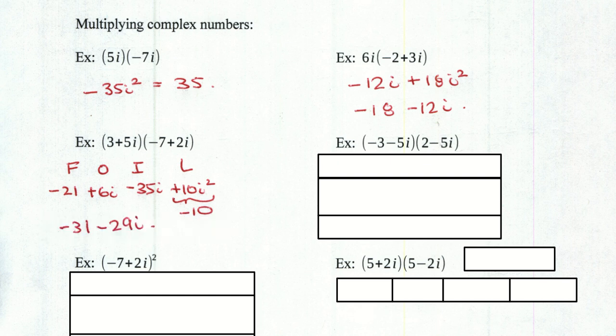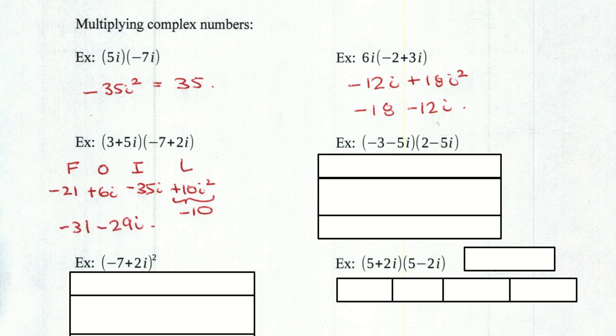And of course, we're going to combine the imaginary parts as well. We've got 6 i's and negative 35 i's. Looks like the negative is going to win by 29. So we've got a complex number as our answer, and that number is negative 31 minus 29i.